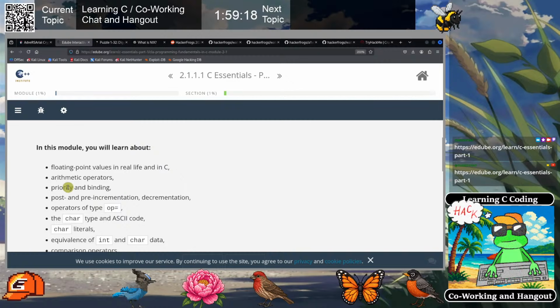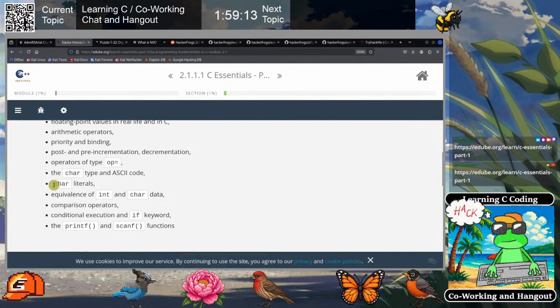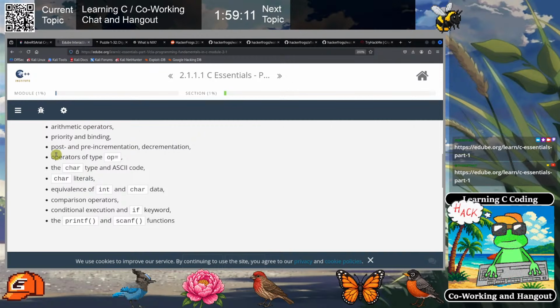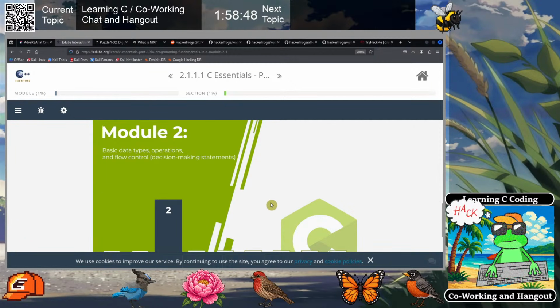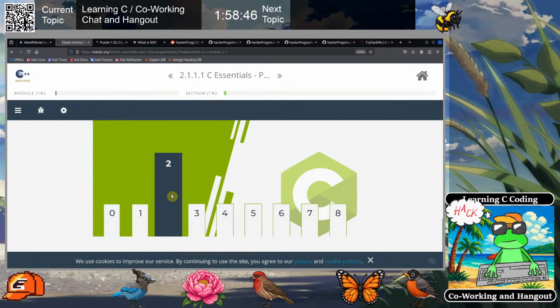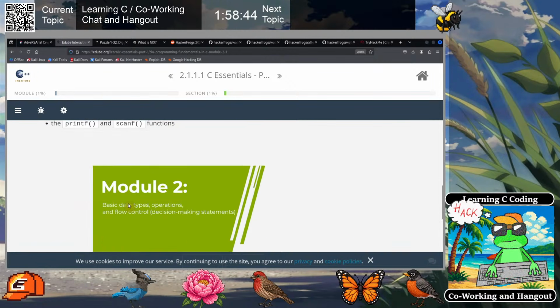In this module, we're going to be learning about floating point values in real life and in C, arithmetic operators, priorities and binding, post and pre-incrementation and decrementation, operators of type OP equals, the char character type and ASCII code, character literals, equivalence of integer and character data, comparison operators, conditional execution with the if keyword, the printf and scanf functions. That's great. And so this is module number 2 of our course. I think there are 8 modules in the course, so 8 chapters.